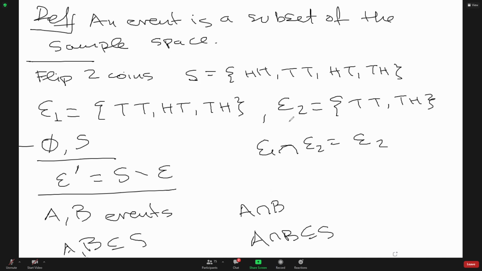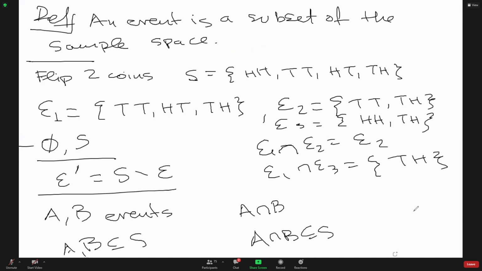But if we had another one, E3, saying that the second outcome is a head, then the intersection of E1 and E3 would be only this, which is still a subset, so it's an event. Do we all follow?